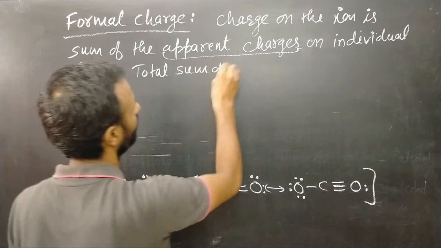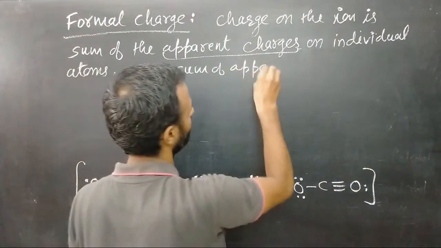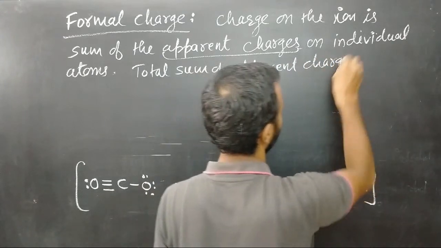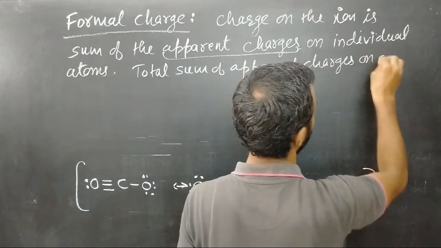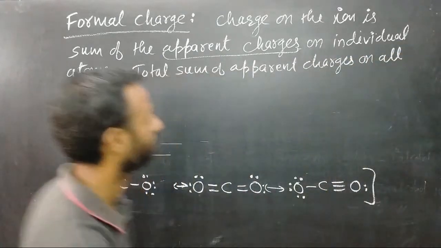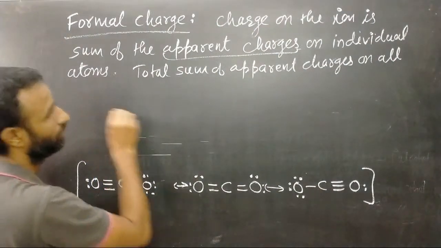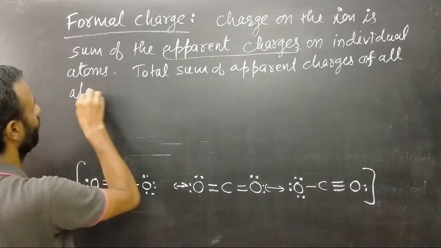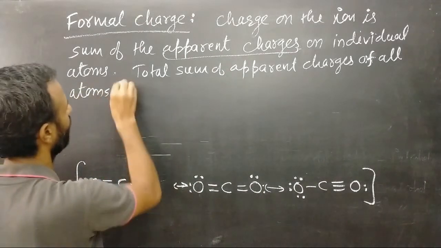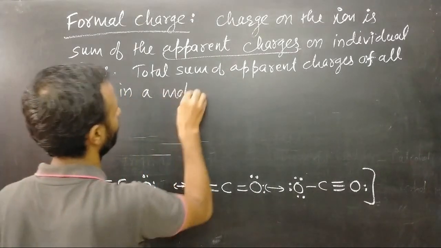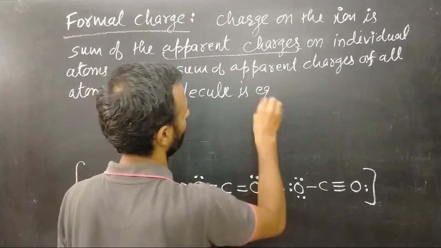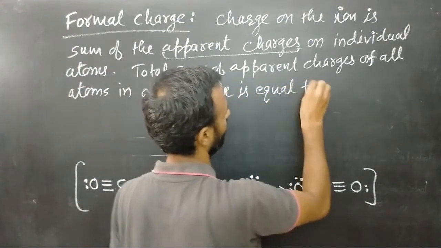and total sum of apparent charges on all the atoms in a molecule is equal to 0.